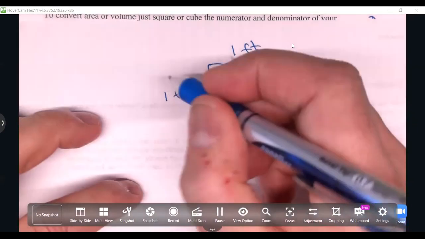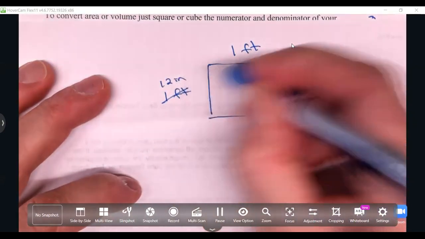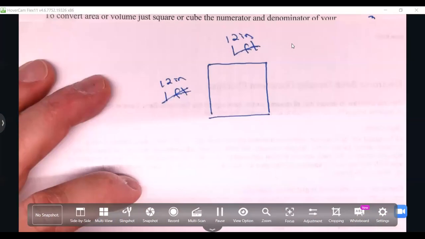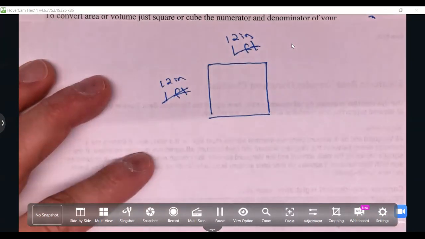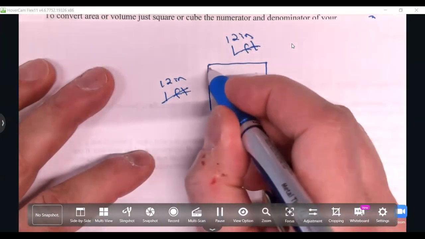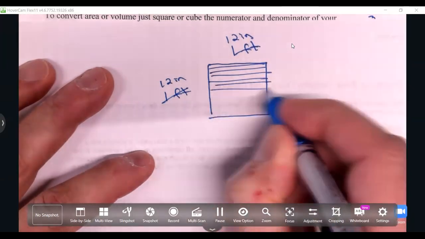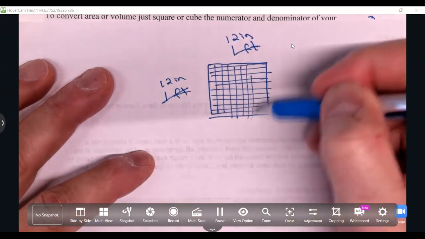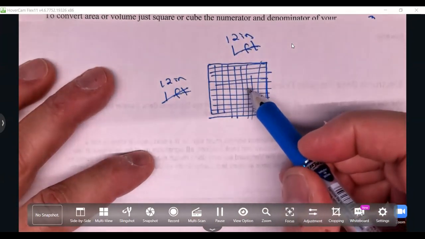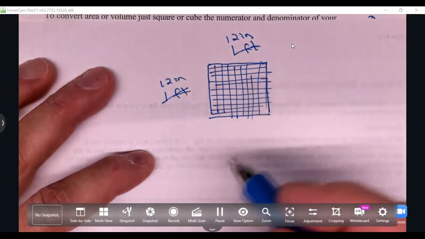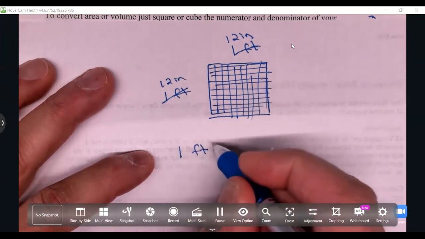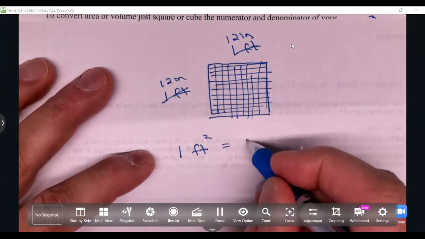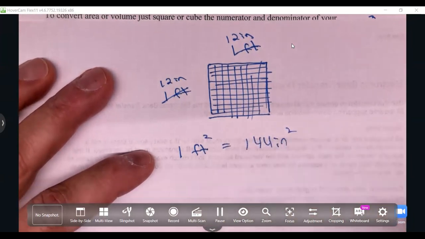Now, if I change the foot to 12 inches, how many square inches? 144, right? In fact, I could go 12 this way, and 12 this way. I'd have 144 little squares, right? So we know that 1 foot squared is equal to 144 square inches.